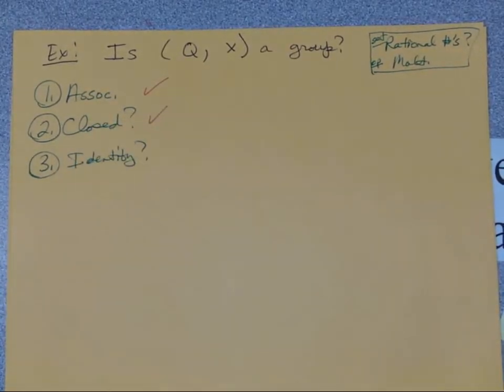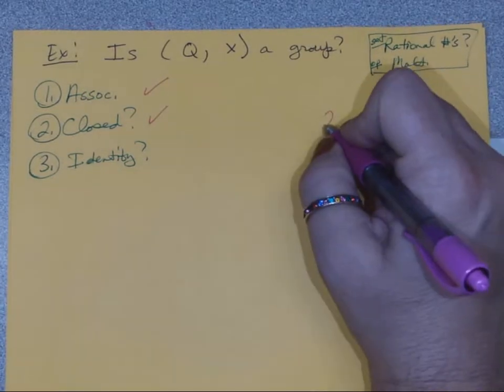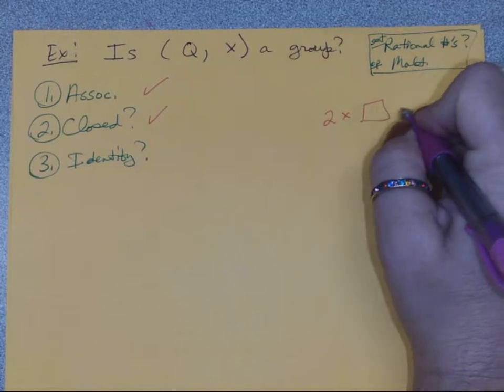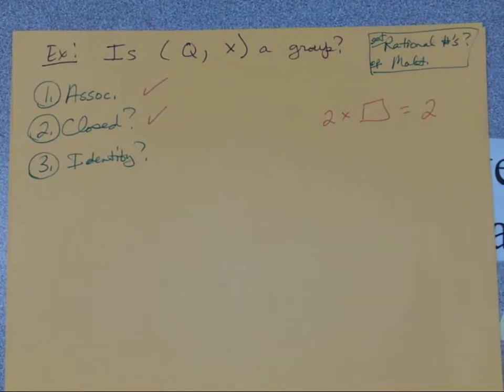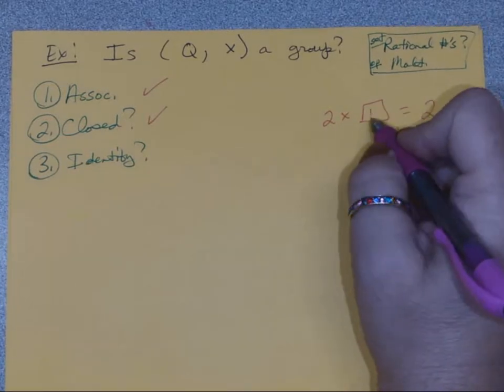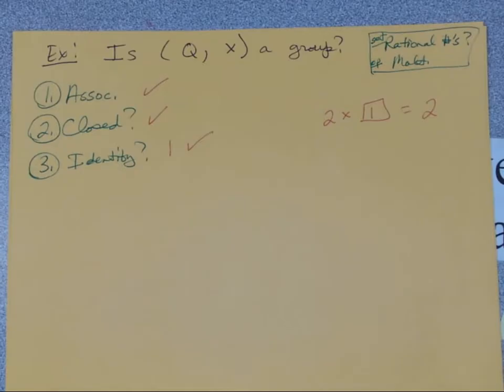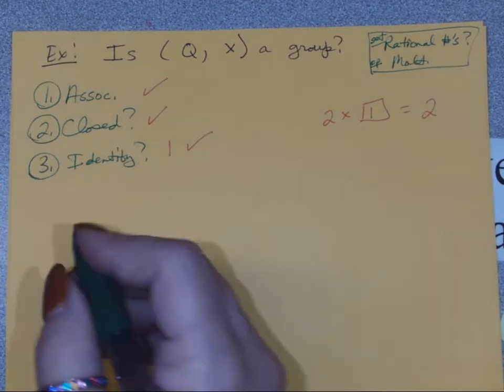Well, when I multiply something times this element and I get that number back, yeah, that would be 2 times 1, right? So that's a yes. I have an identity element. Okay, so the last one is the inverse.